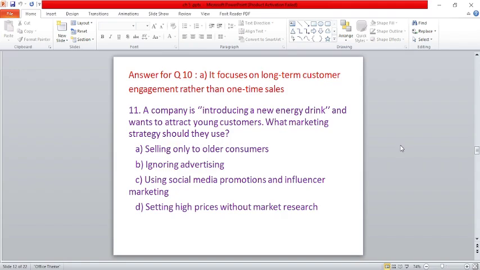C. Using social media promotions and influencer marketing. D. Setting a high price without market research. The answer for question number 11 is C. Using social media promotions and influencer marketing.